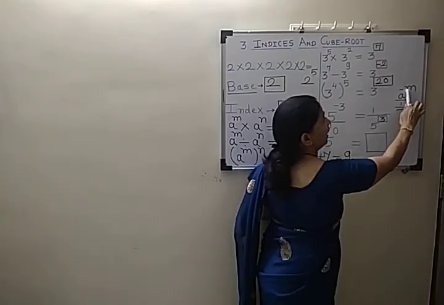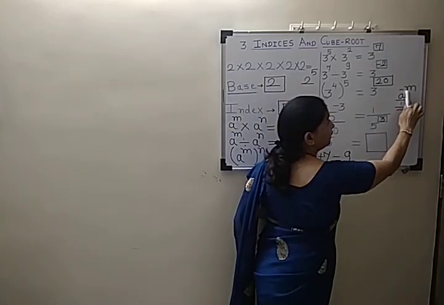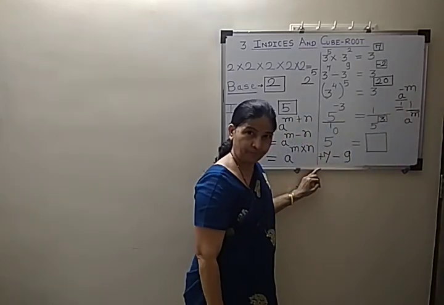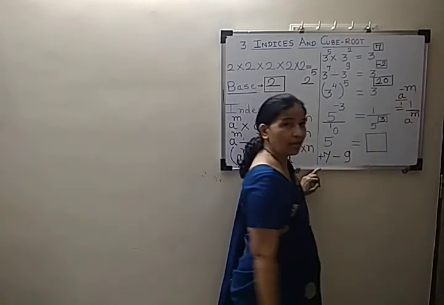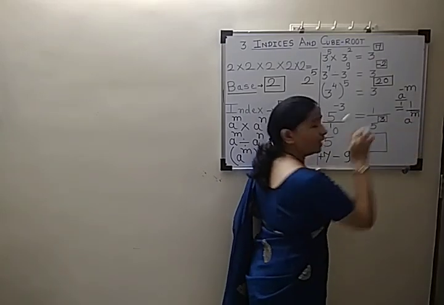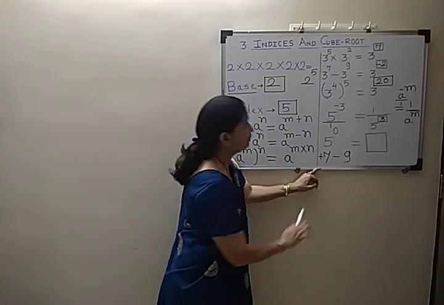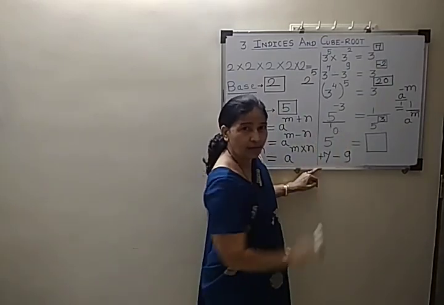That time we have to change the sign of this index. So I got a raised to minus m is equal to 1 upon a raised to m. The same sign rule I applied here.